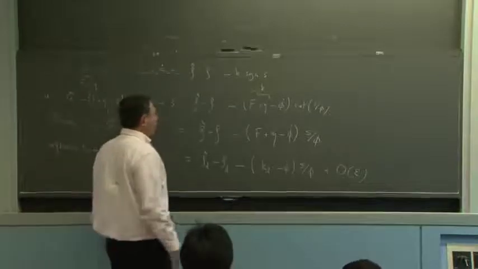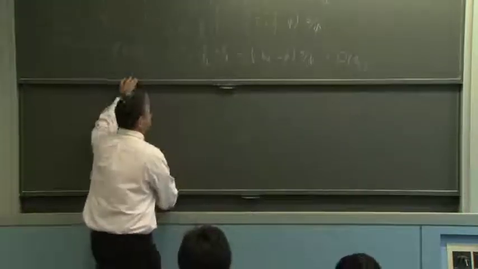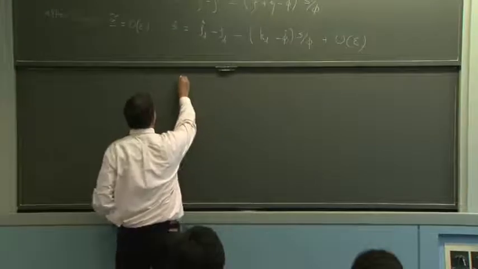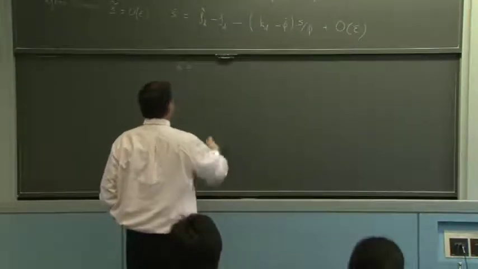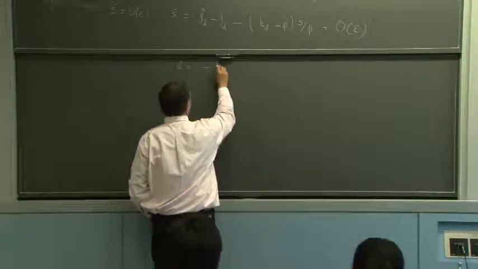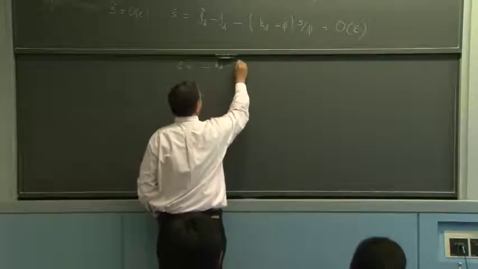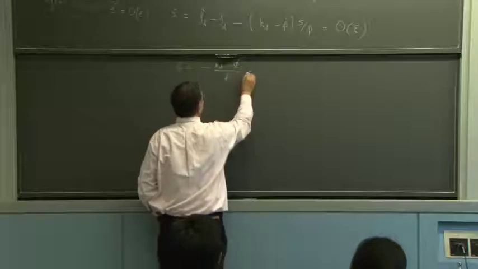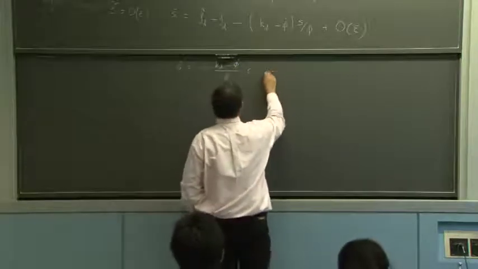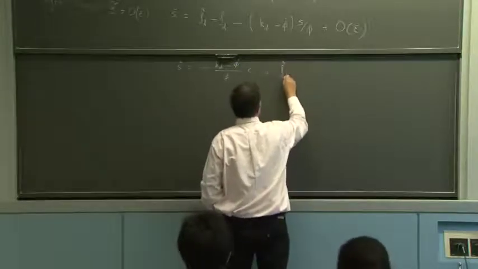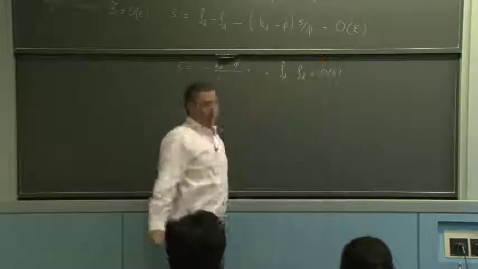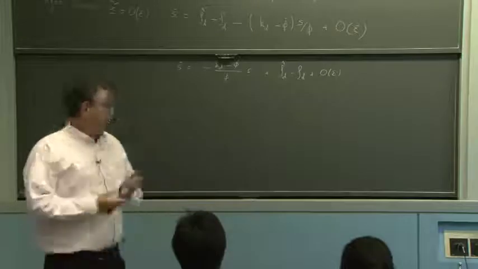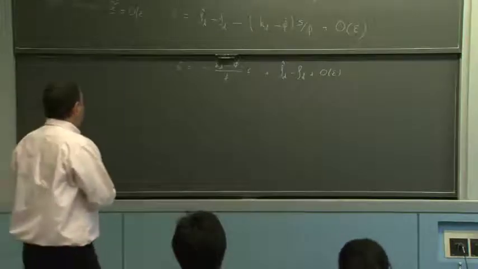So we can reorganize this a little. It's the same equation, I'm just going to write it slightly differently. It's exactly the same equation, right? I've just reordered the terms. Okay.